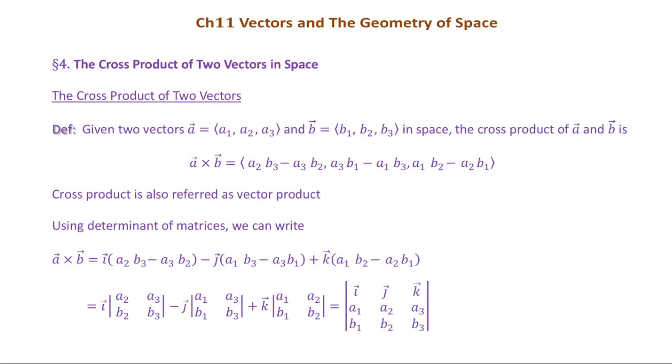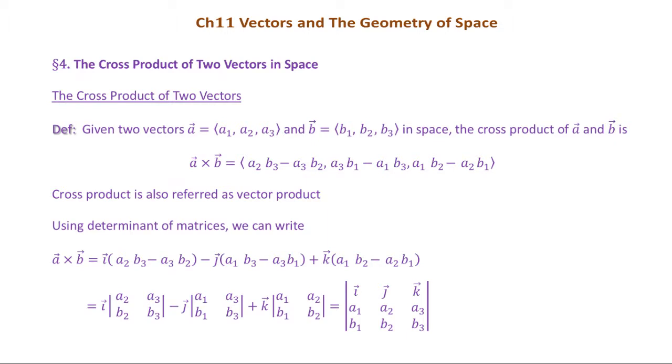And then we can rewrite each number by using the determinant of a 2 by 2 matrix. So for example, A2B3 minus A3B2 we can rewrite as the determinant of the matrix A2, A3, B2, B3.